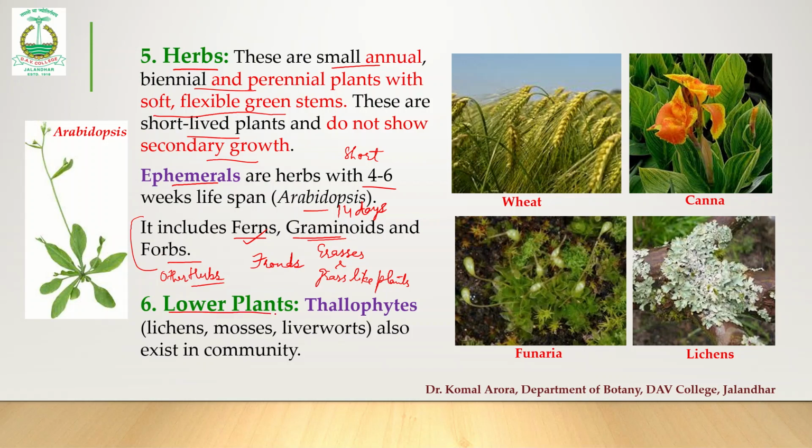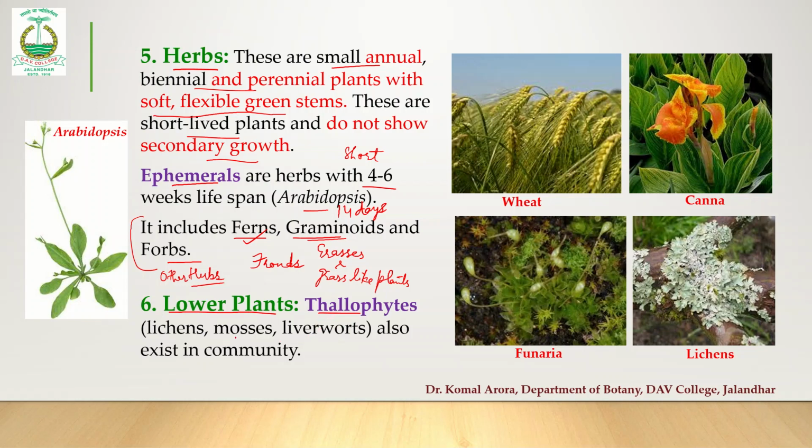Then we have lower plants. Lower plants means thallophytes, which have the vegetative thallus or the reproductive or sporophytic thallus attached to the substratum, and very less height. For example, you have observed Funaria. Its sporophytes may grow few mm long, but otherwise their body does not show true leaf, stem, root-like structures.